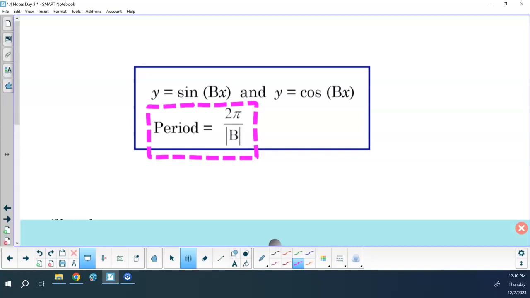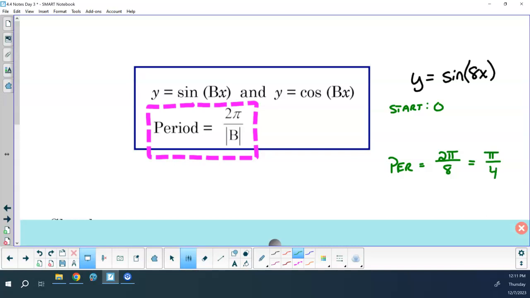Okay. So what I'm saying by that is, if you had, let's say, y equals the sine of 8x, you would start at 0, but the period would be 2 pi divided by 8, or pi over 4, so your function would then end at pi over 4.